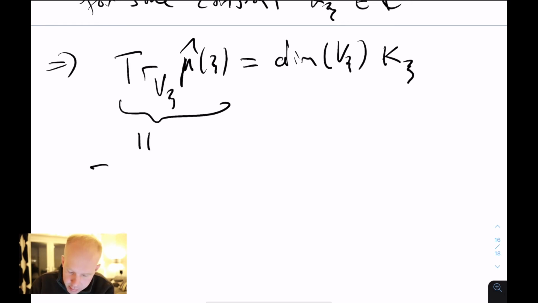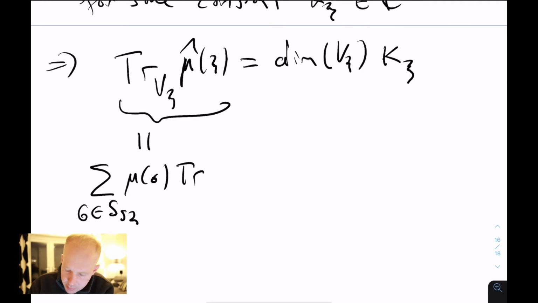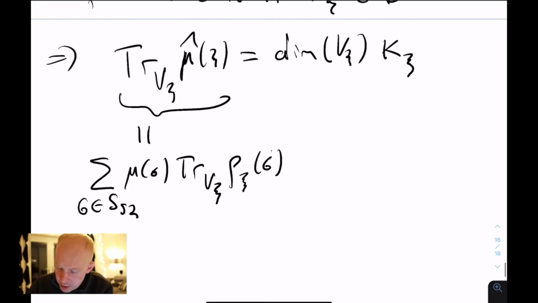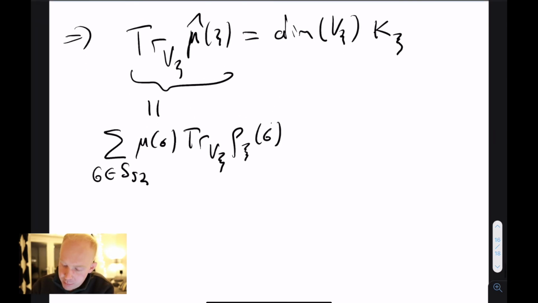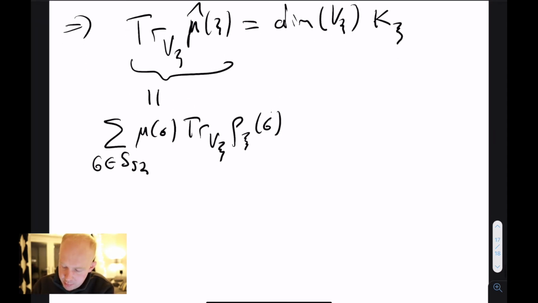By definition, this is equal to the sum over the whole group S_52 of μ(σ) times the trace of ρ_ψ(σ). I'm basically using the Fourier transform, then using the traces being linear in this sense, so I can put it inside and get this expression. I want to compute from the other side and then realize what this κ actually becomes.